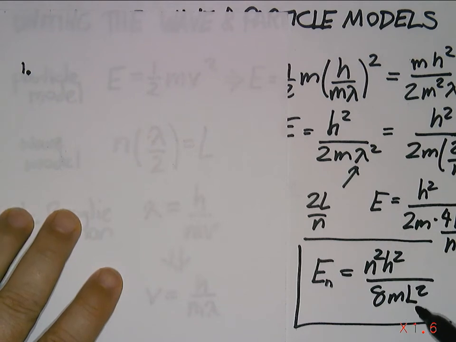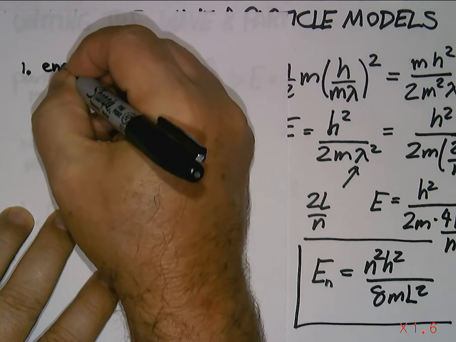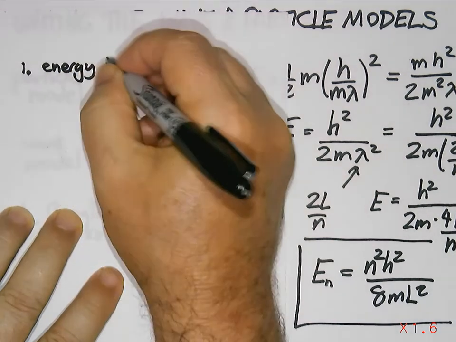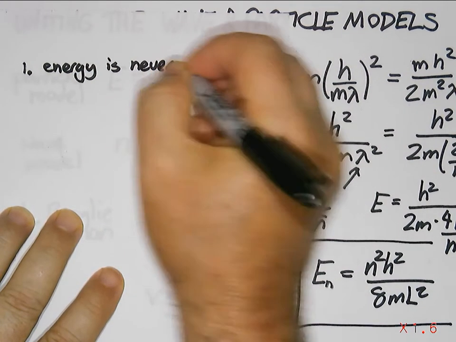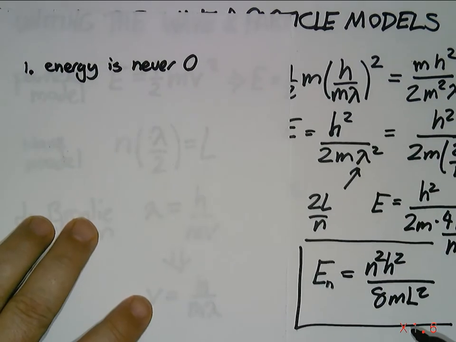And the length of the wire can't be 0. What about n? Well, n is the number of peaks and troughs, and there has to be at least one, or you don't have a wave. So the energy is never 0. There's always some energy that you can never take away.